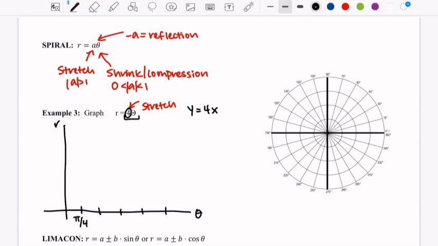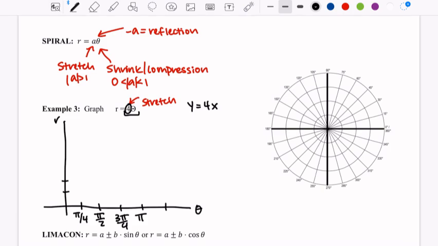That'll graph pretty nicely and multiply by 4 nicely. Let's see, pi over 2, 3 pi over 4, pi. We can keep going. Let's just maybe start with 4. This is going to be linear, so I know that my points are just going to look something like this. Now we need to find out what those outputs are. So if I plug in pi over 4 here, pi over 4 times 4 is just going to be pi.